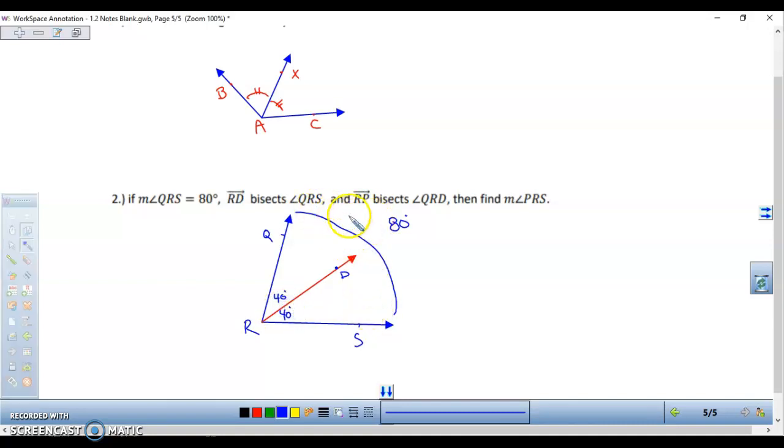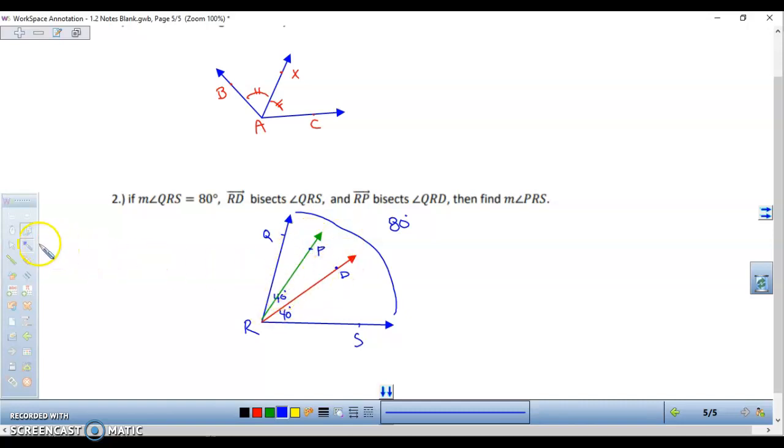The next thing says that ray RP bisects angle QRD. So QRD is here, and ray RP, so I'm going to start at R, draw my little bisector, and it's going to go through P. And it bisects this angle.